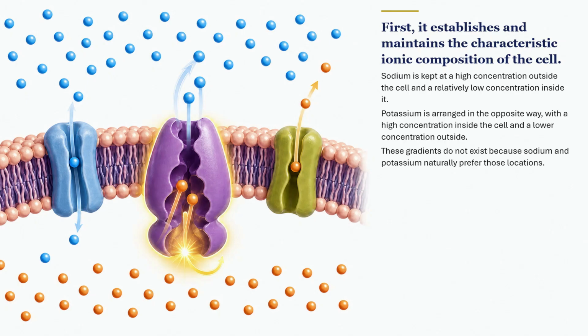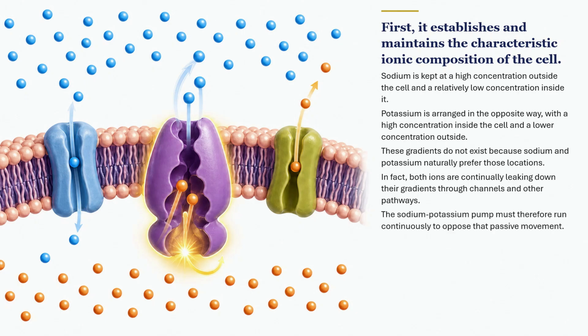These gradients do not exist because sodium and potassium naturally prefer those locations. In fact, both ions are continually leaking down their gradients through channels and other pathways. The sodium-potassium pump must therefore run continuously to oppose that passive movement. It is not building the gradient once, it is rebuilding it every moment.